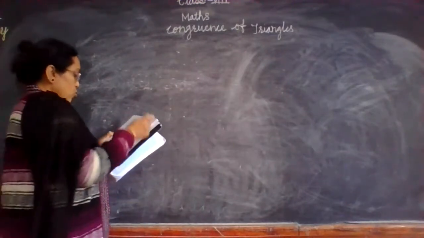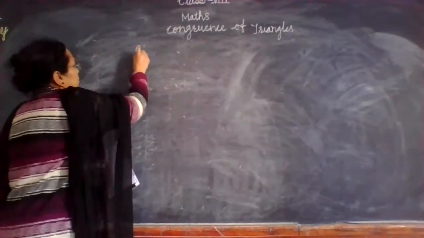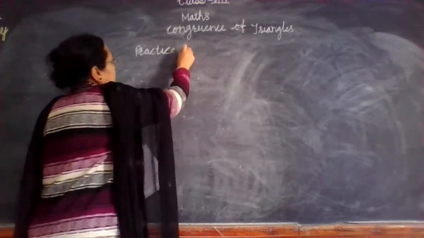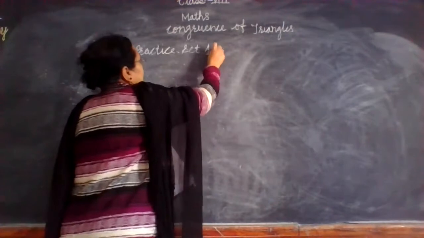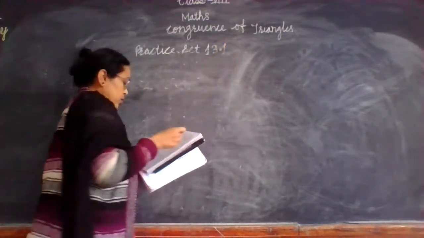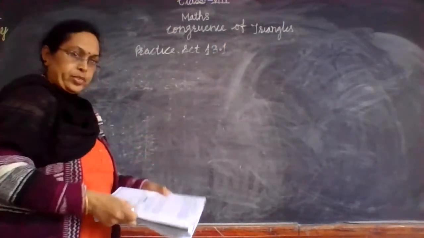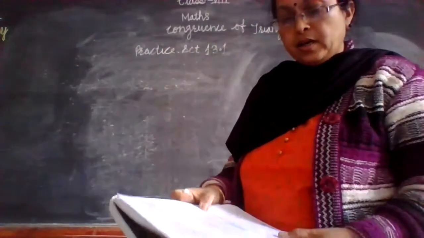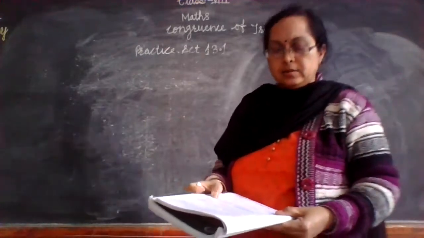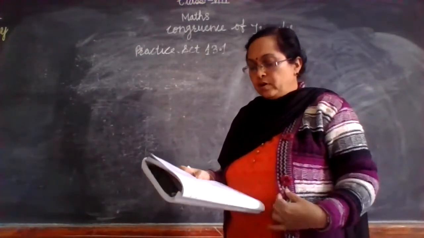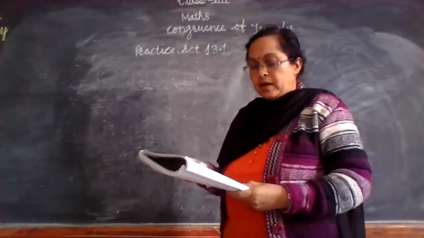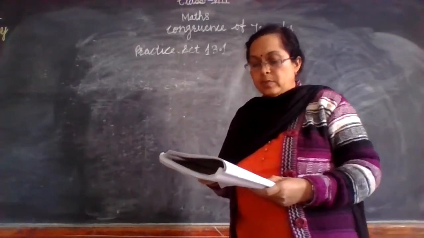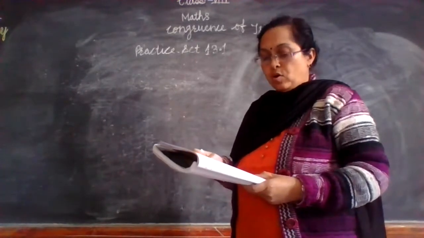So we are solving now practice set 13.1. Now here in each pair of triangles, in the following figures, parts bearing identical marks are congruent. State the test and correspondence of vertices by which triangles in each pair are congruent.